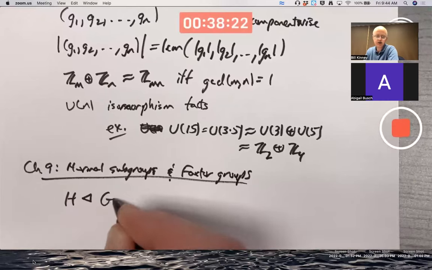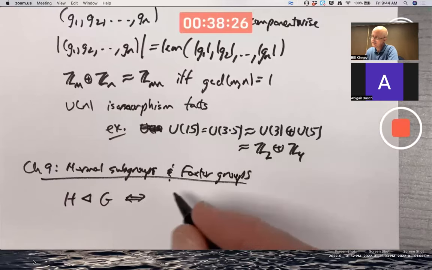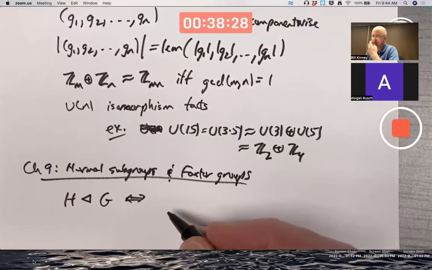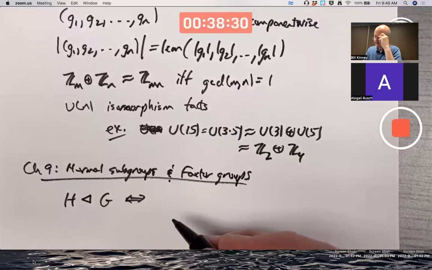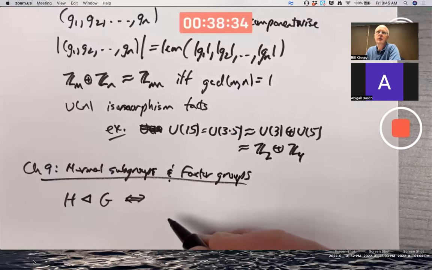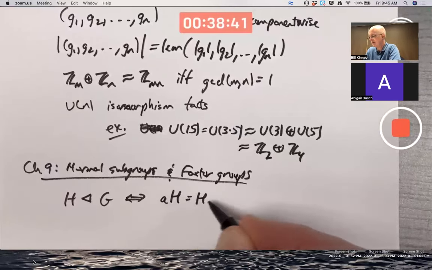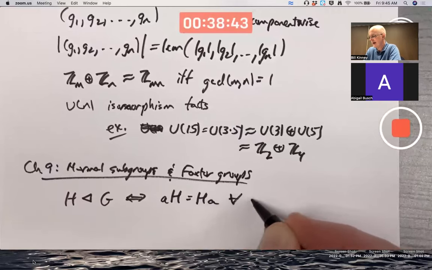H is normal in G, written that way, if and only if every left coset is equal to the corresponding right coset. A capital H equals capital HA for all A in G.